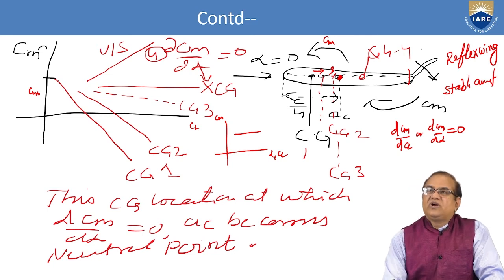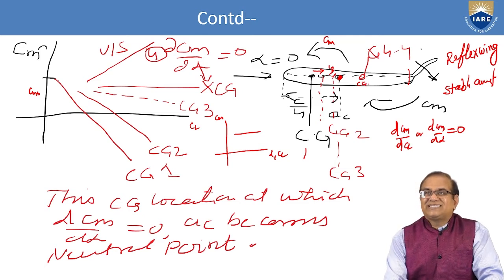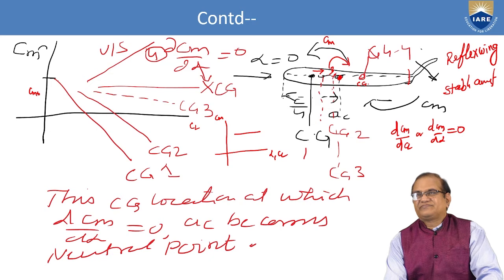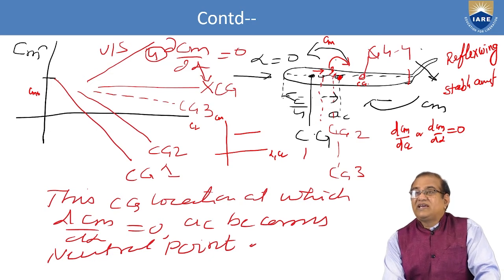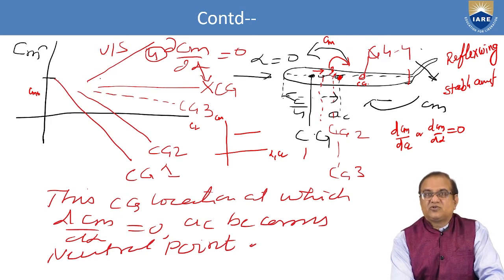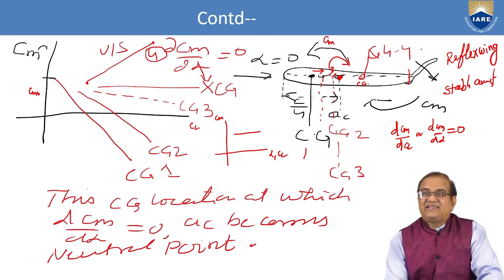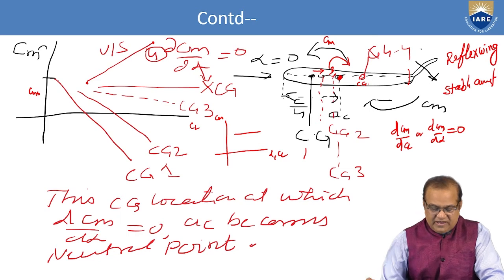Further, if you make the center of gravity at point 4 here, what will happen now? It is changed in this direction. So it is positive. You can see this is point 4 and this is the unstable plot. So the aircraft will be unstable if the CG is shifted behind the aerodynamic center of the aircraft.